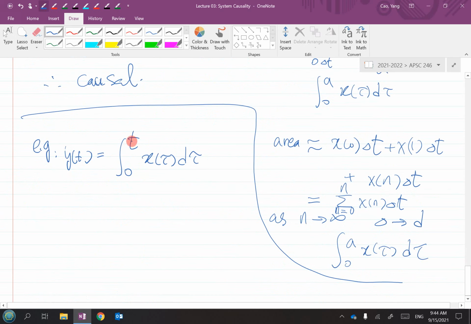So when you have this kind of situation, you could certainly try exactly the same approach. So let's say let t equal to 3, and then y of 3 equals the integral from 0 to 3 of x of tau d tau.